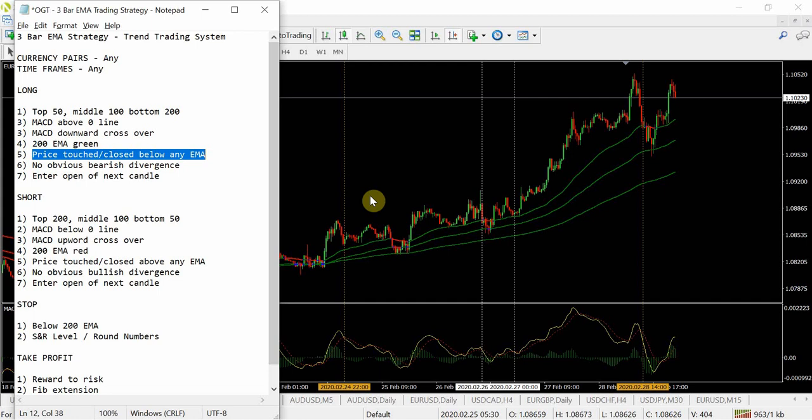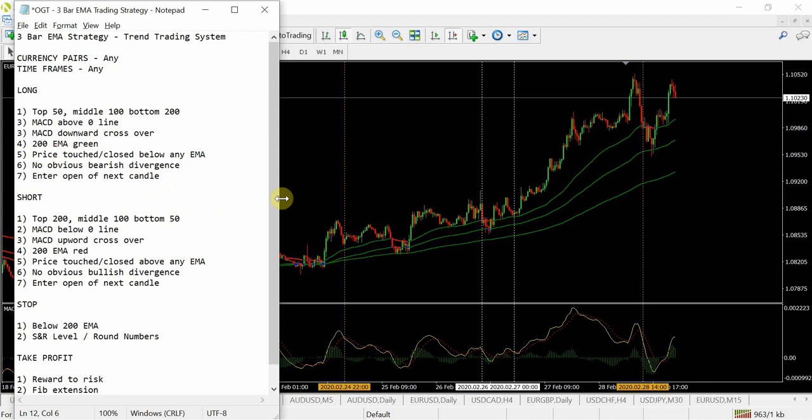The reason we're trying to do that is because EMAs become natural support and resistance levels, and therefore we want to get in at the best possible price. We'll see in a second why this step is very important. So it falls down there. I'm not going to go into the next levels because price has fallen down there.